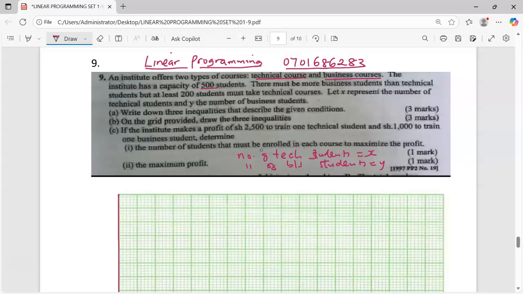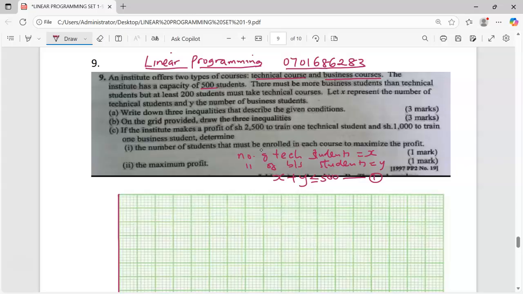That means if you take the number of students taking technical course plus those that are taking the business courses, then the total must be less or equal to 500 students. That gives us the first inequality.